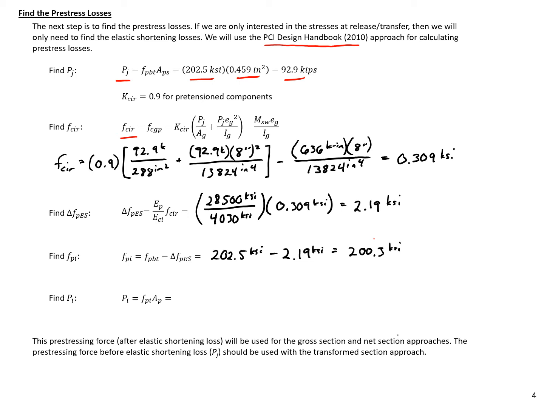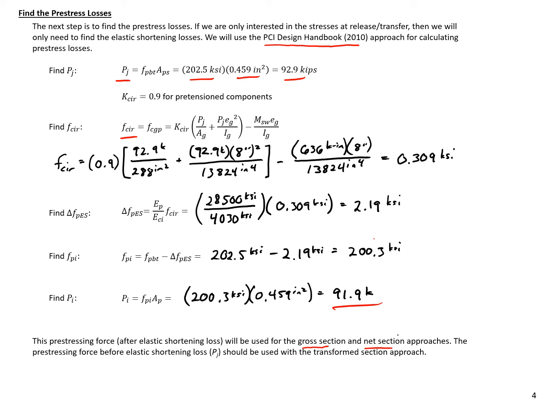And then to find our force, we take that stress, 200.3, times the area, 0.459, to give us a force here of 91.9 kips. So this is the force that we're going to use when we're calculating our stresses with our gross section and our net section.